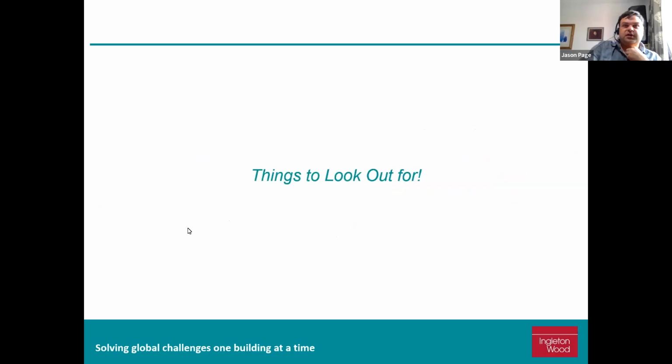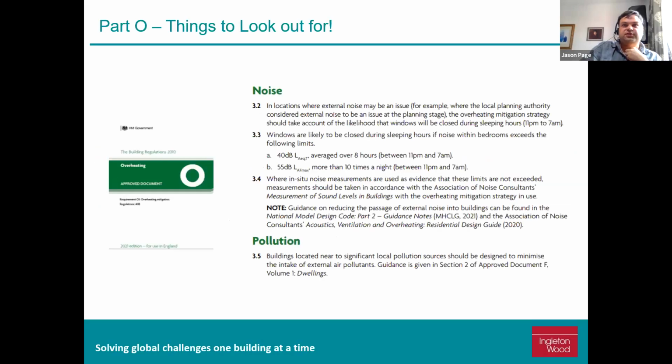So unfortunately, that's not as easy as it gets. There are a couple of criteria that temper what we can use as openable windows and do potentially affect design choices. Firstly, we have noise and pollution issues.